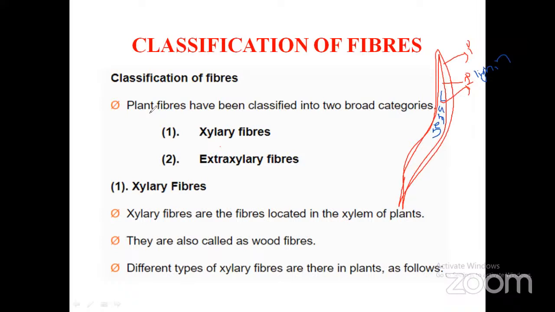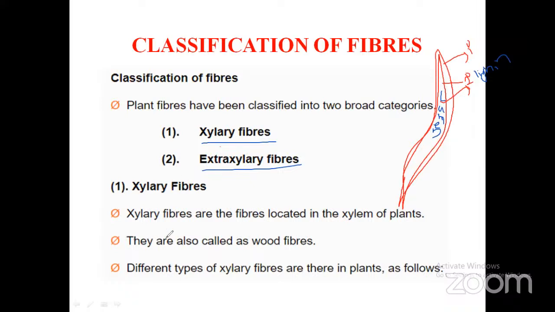The plant's fibers have been classified into two broad categories: xylary fiber and extraxylary fiber. The name itself gives it. Where are the xylary fibers? The name xylary means the fibers located in xylem.